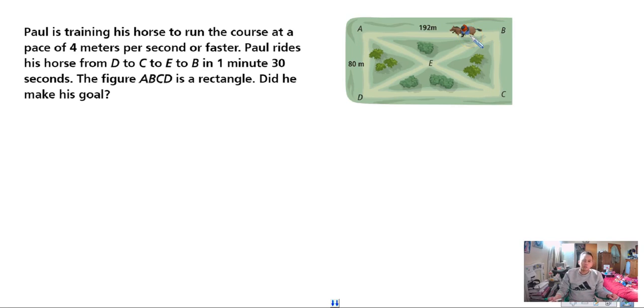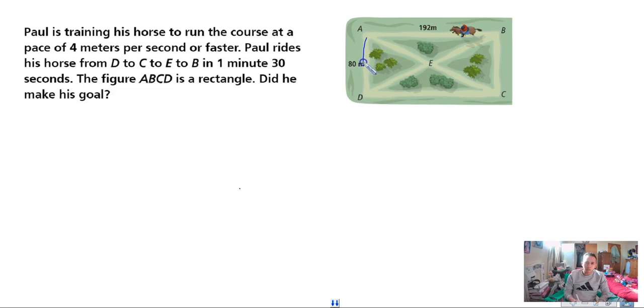What we are going to answer is, did he make his goal? Remember, you have to use the properties of a rectangle to find each segment length and the total distance. Finally, we have to determine his speed. First, we have to compute BD using the Pythagorean theorem.